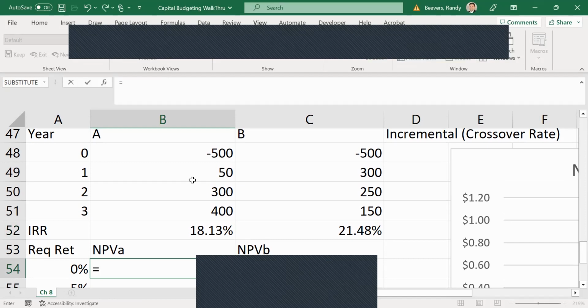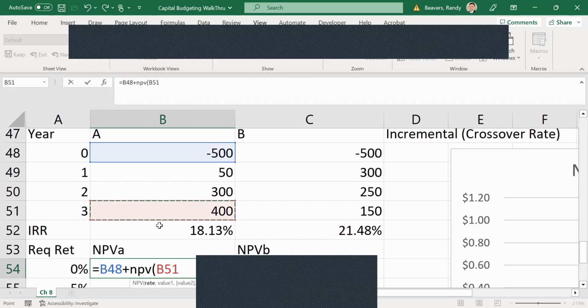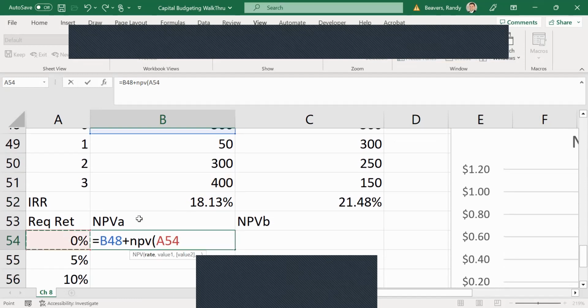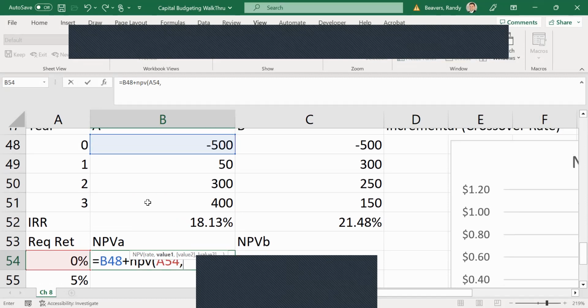So this will be equal this one plus NPV of, put in the rate, which will be over here. And then these values. Let's go back in and anchor these numbers because we're just changing the rate.